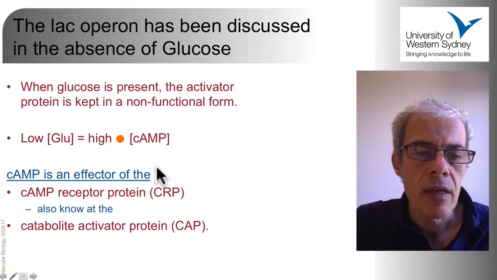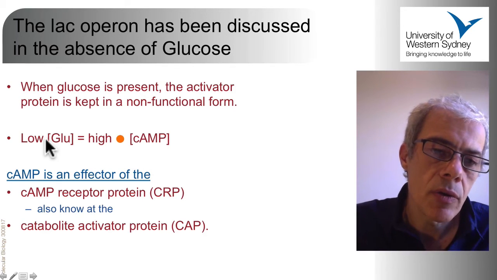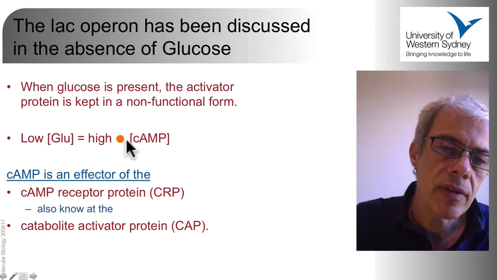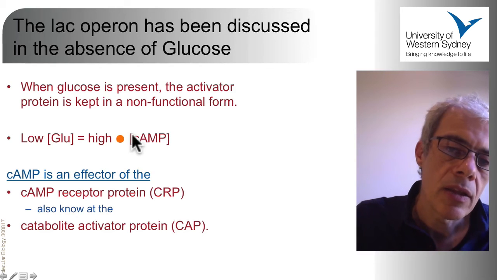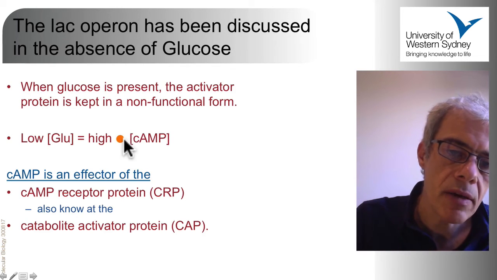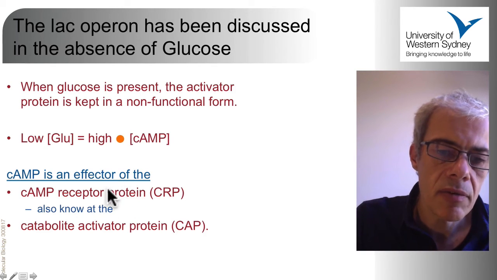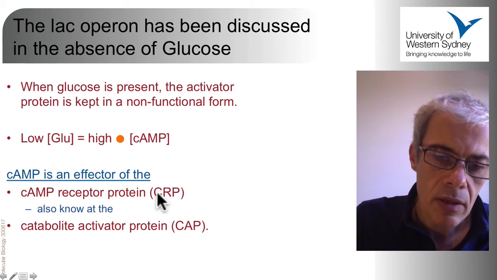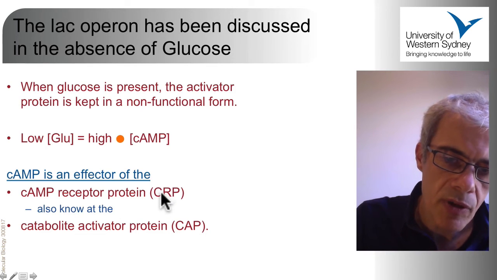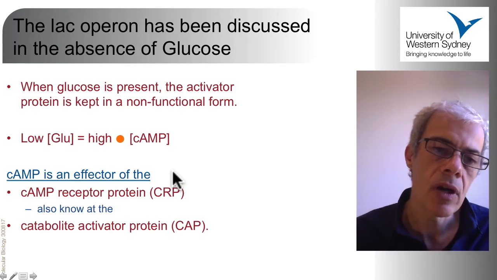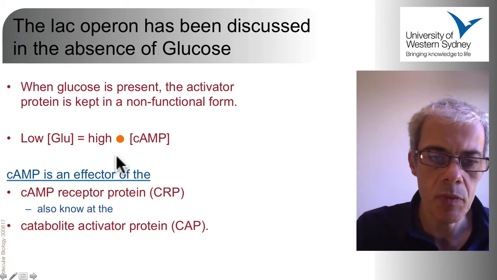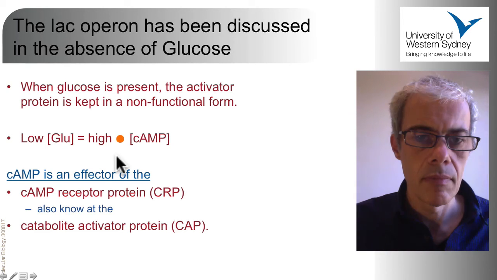So low levels of glucose lead to high levels of cyclic AMP, and the high levels of cyclic AMP are an effector for this receptor protein. We'll see how this scheme fits in with regulation of the Lac Operon.